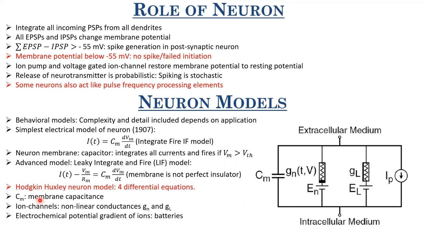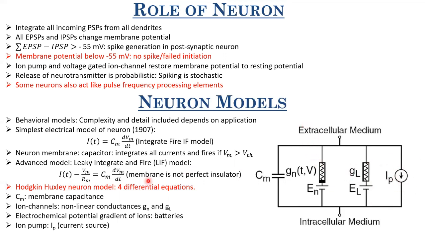Then, as I already told you, there is an electrochemical potential gradient between the membrane and the surroundings, and that gradient is modeled as batteries. So En and El model that electrochemical potential gradient. And then we have the ion pumps. As I told you, these ion pumps help bring it back to the resting potential the moment there is a failed initiation.